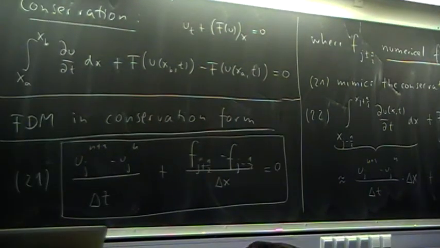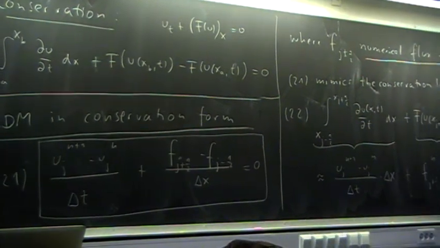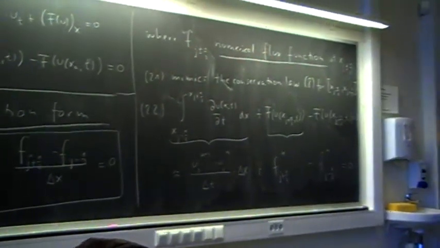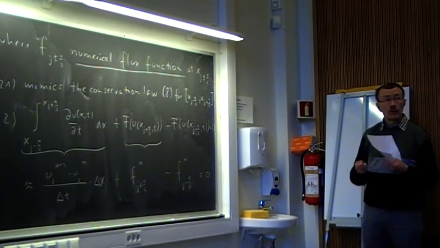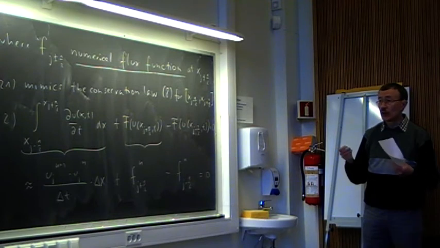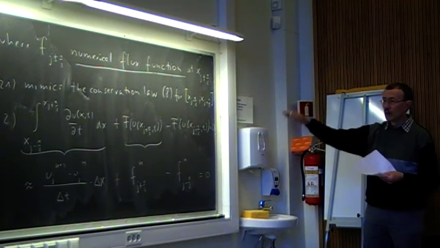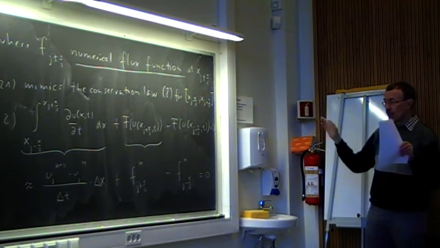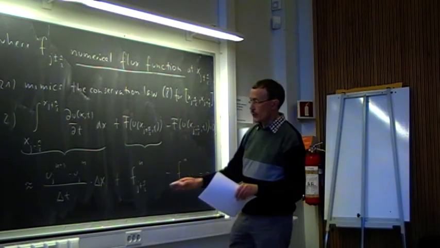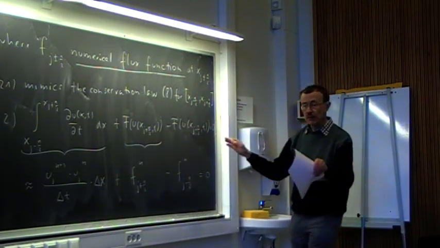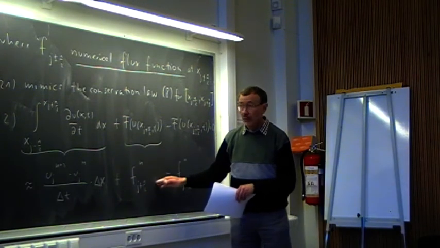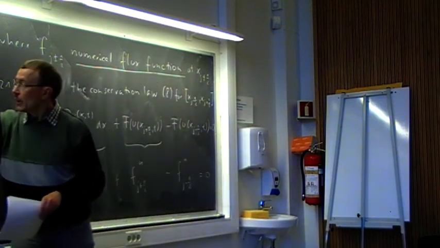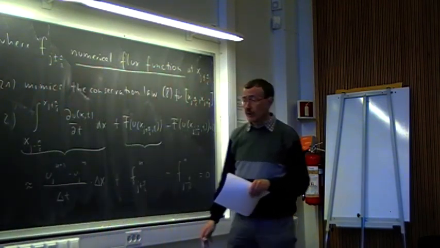So that means when we use the conservation form, we are essentially using a discretization of the integral equation. And then we are really discretizing the conservation form, which allows us to get this property of conservation that we discussed at the beginning. When we sum this up for all our cells, we will in the end get that the change of our conserved variable in the whole domain is governed by the flux that is going out at the right boundary minus the flux that is coming in from the left boundary.